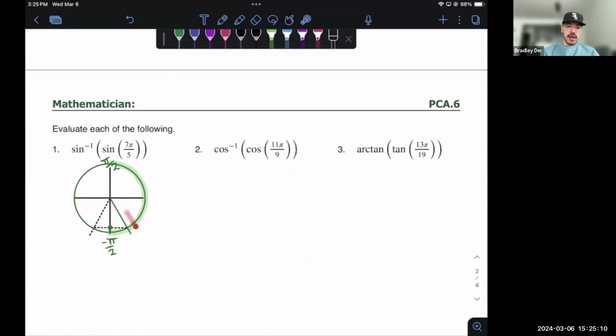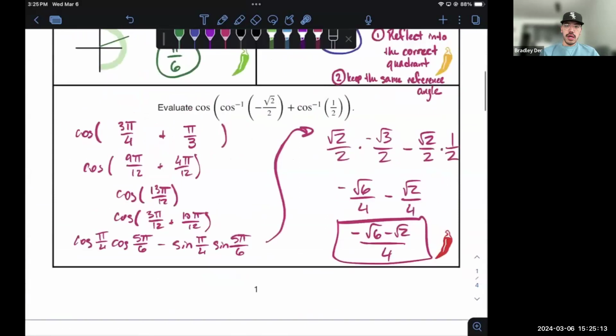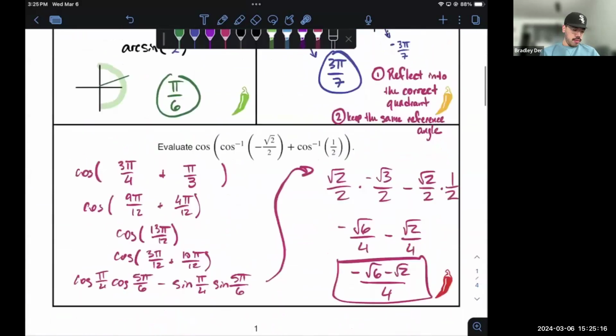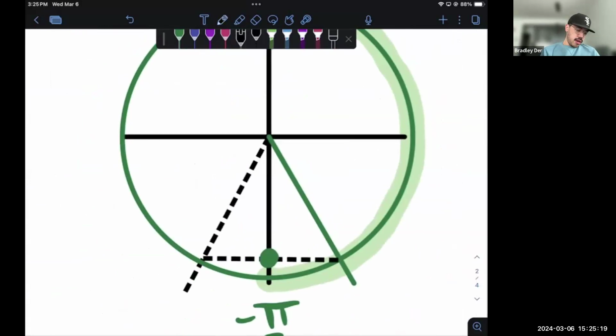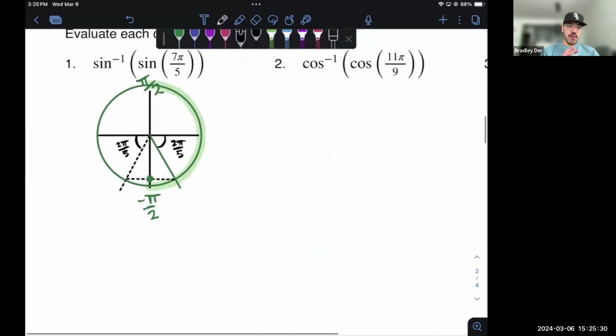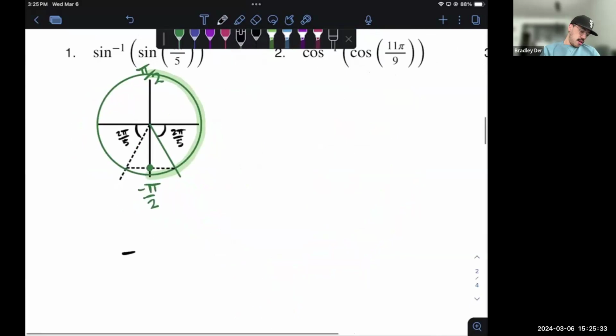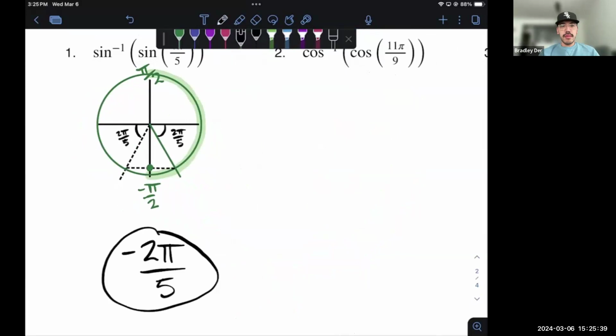We reflected the terminal ray into quadrant 4, but we want to keep the same reference angle. 7 pi over 5 has a reference angle of 2 pi over 5, and we want to keep that, because our angle measure will be directional. Final answer here, negative 2 pi over 5. That would be the measure of the angle in quadrant 4, between 0 and negative pi over 2, with a reference angle of 2 pi over 5.